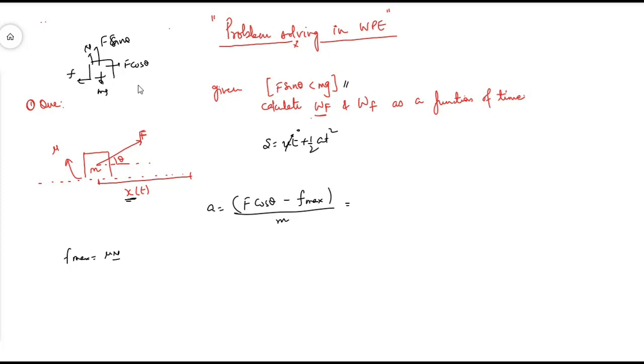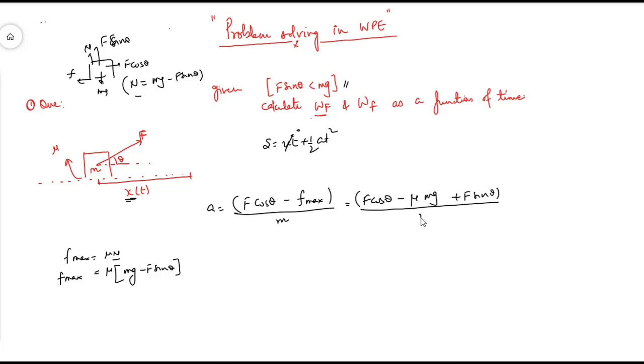From the vertical equilibrium I can say that the normal is going to be mg minus F sine theta. So this F max is going to be nu into mg minus F sine theta. This is your F max. So in this case the acceleration is going to be F cos theta minus F max, that's basically nu times mg minus F sine theta, divided by m.